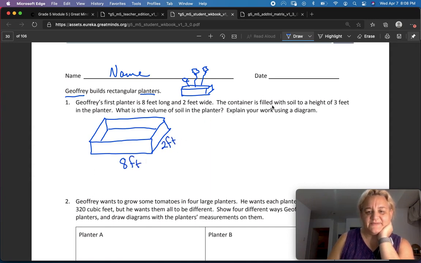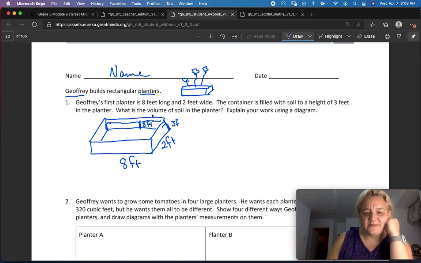The container is filled with soil to a height of 3 feet. So here's the inside line, and that line goes to a height of 3 feet, from here to here, or here to here. What is the volume of soil in the planter? So not the volume of the whole planter, but just the volume of the soil, right? Explain your work using a diagram.